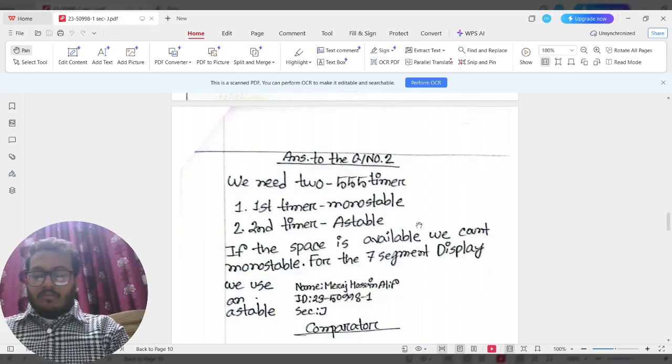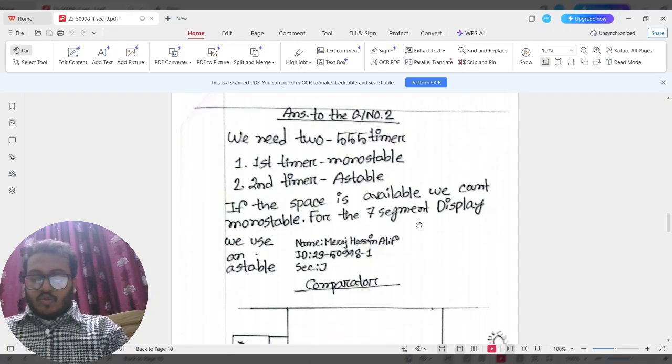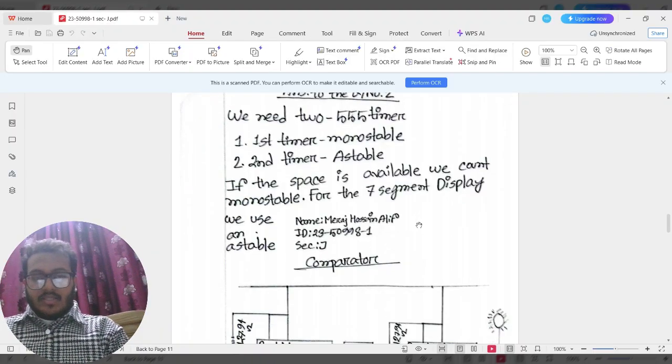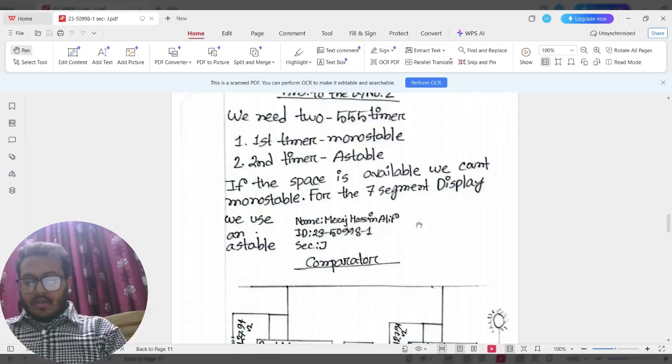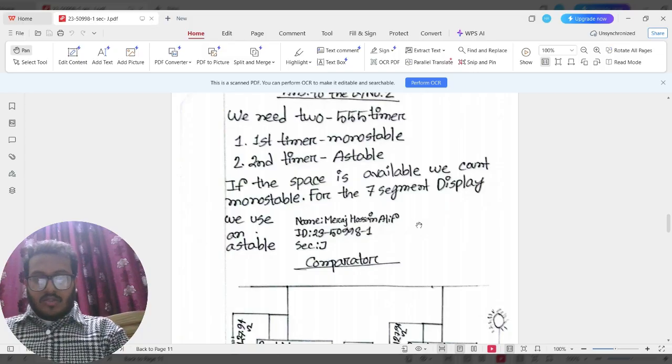In question number two, I designed the display control circuit using two 555 timers. One timer is used to continuously display the word full when the parking is completely occupied, and the second timer operates in monostable mode if the space is available.